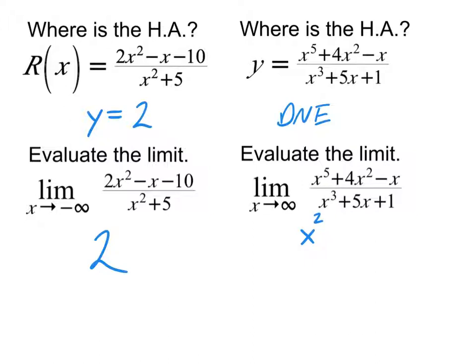So if I said, what is the limit as x approaches infinity of x squared? What would that be? Well, x squared, we think about our end behavior. It's up, up. And so at positive infinity, it's going to be heading upward. So the answer is positive infinity. It reverts back to end behavior knowledge, which is why we started there last week, because you need to know the end behaviors in order to be able to evaluate a rational limit like that.